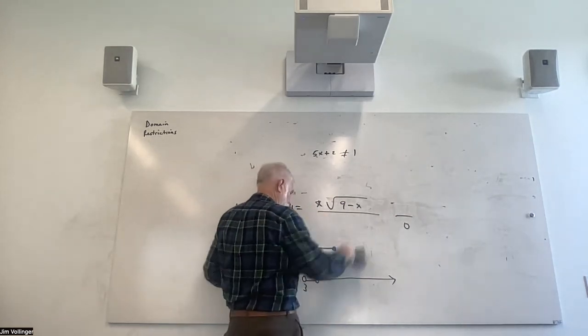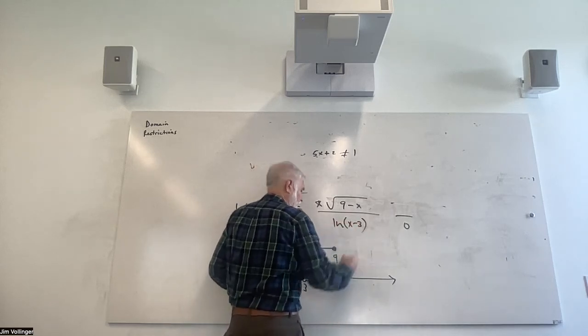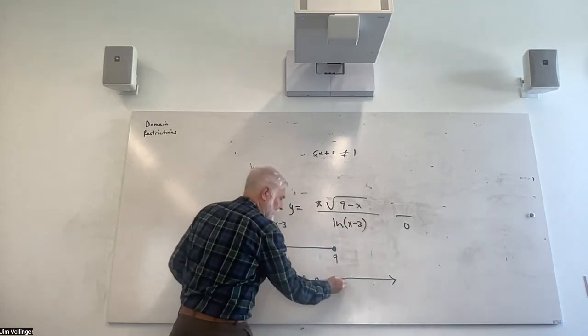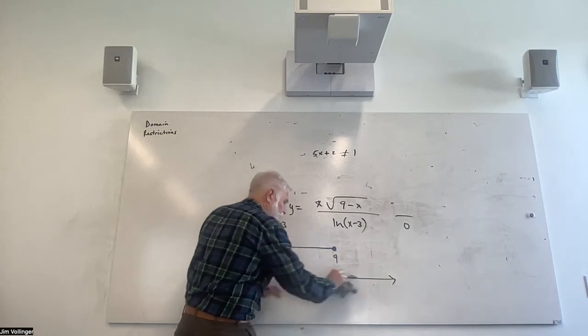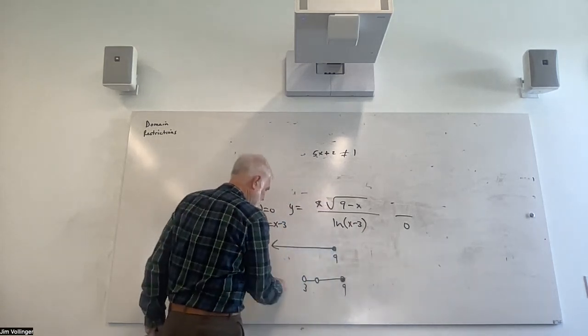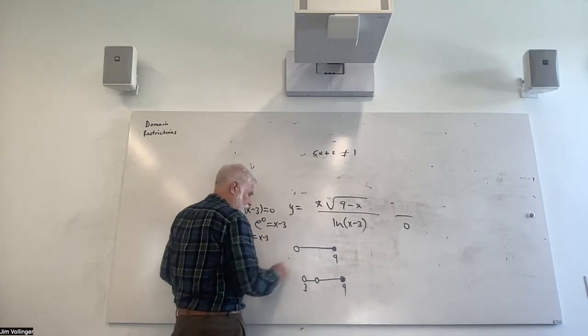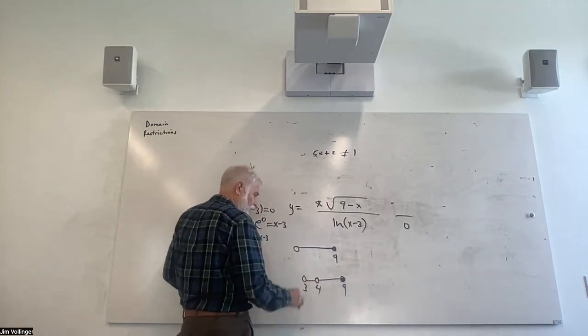So we're back here now looking at the overlap. Right? I can't pick numbers bigger than 9. So let's erase that. I can't pick numbers less than 3. Let's erase that. I can't pick 4.